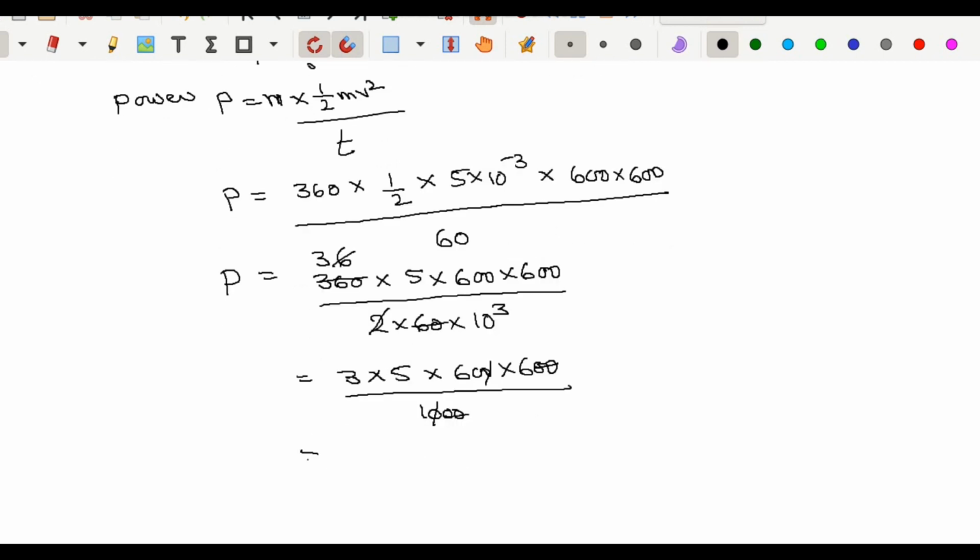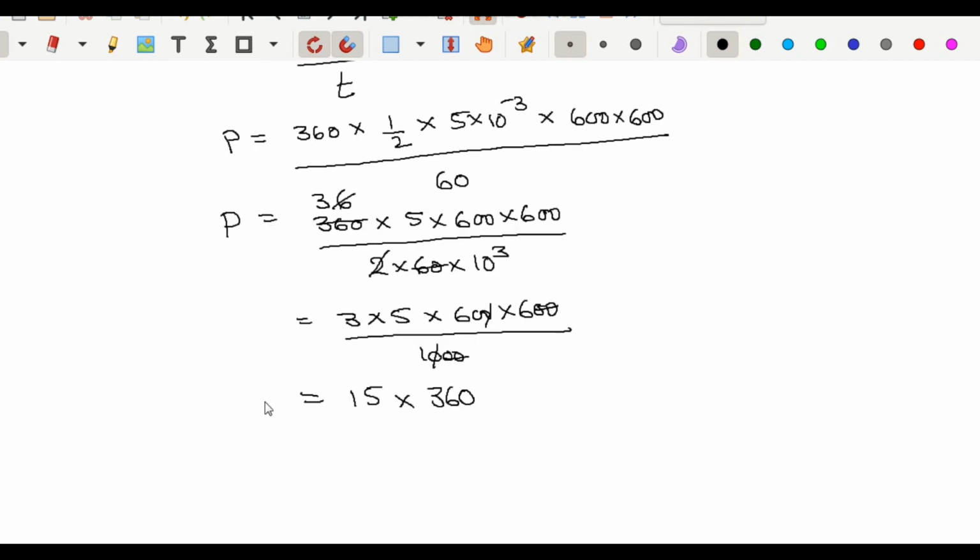Then 3 into 5 means 15, into 60 into 6, that means 360, 6 into 6 is 36, into 0. Then multiplying these numbers, P is equal to 5400 watts, that is P is equal to 5.4 kilowatts. This is the solution of this problem.